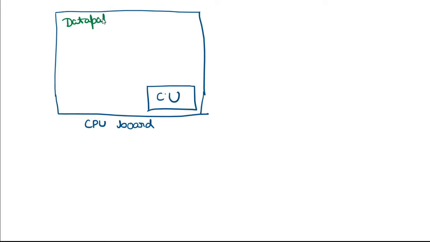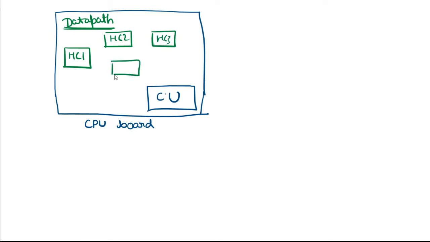Anything that is not a control unit is a data path. That means data path will have certain hardware components: HC1, HC2, HC3, HC4, and so on. All of them will be interconnected, and also connected to the control unit. So this is how a data path, a CPU board, looks like.